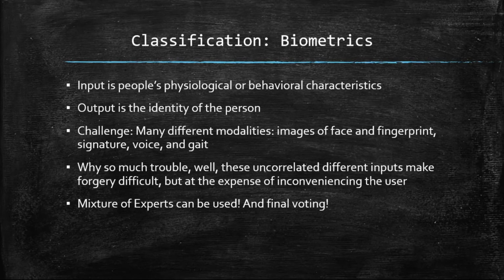Each machine learning model would try to learn one of these modalities. So one type of machine learning algorithm would just work on the images of the face, one would just learn the fingerprint of different people, one would just learn the voice of different people, which is the speech recognition that we talked about before. One would learn the way each person walks.